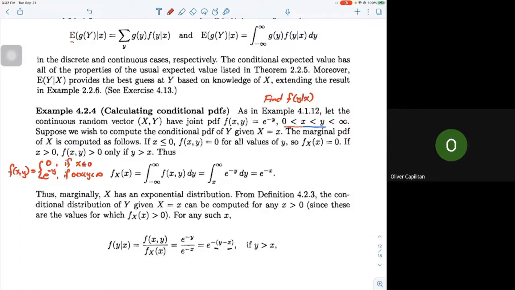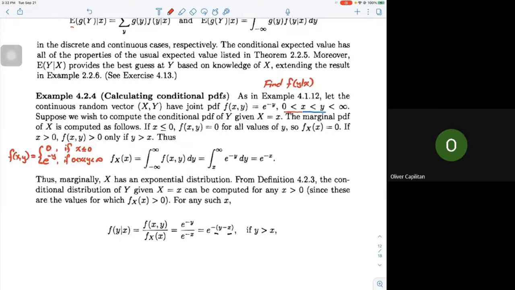using calculus, you can express this as the limit of the integral from x to b of e to the negative y dy, as b approaches positive infinity.